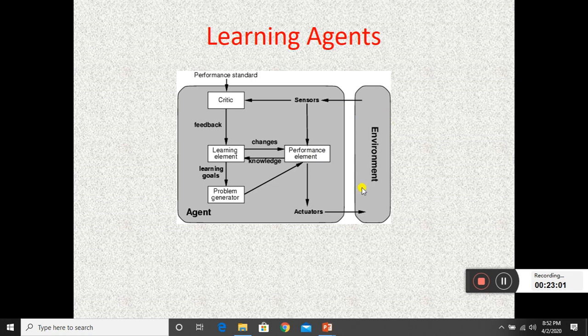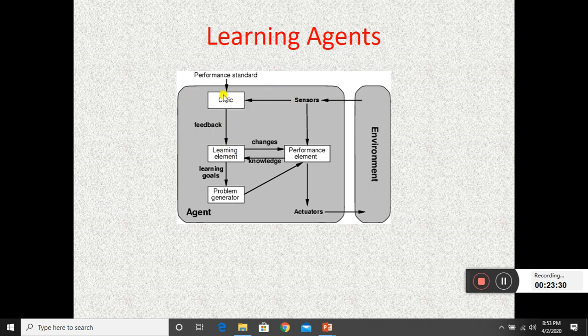This is the environment, and this is the sensor. Here is critic, performance standard. This is performance standards. Here is feedback, performance element, learning element, problem generator, and this is actually actuator. This is sensing. It has sent the performance standard. We have received feedback, and then we move on to learning element.